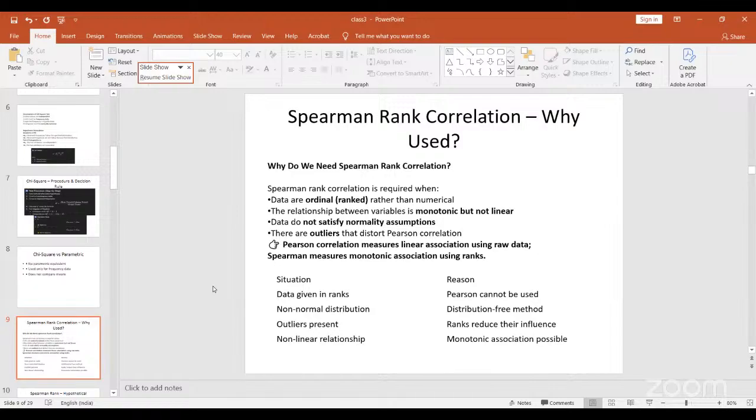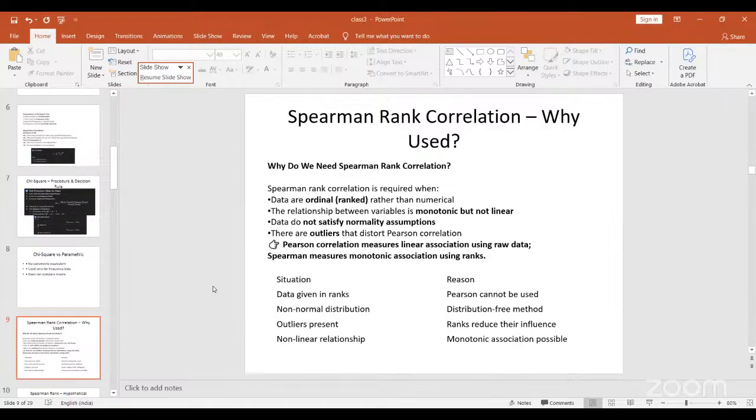In parametric, with Pearson correlation, we look for a straight line relationship, right? But Spearman looks at the monotonic relationship. That means as one variable goes up, the other tends to go up or down. It is not necessarily constant.